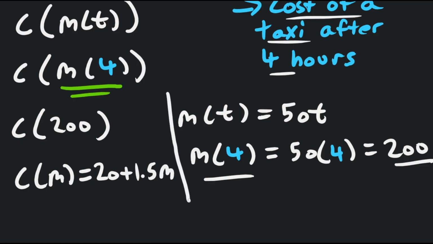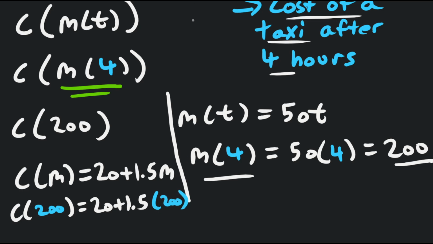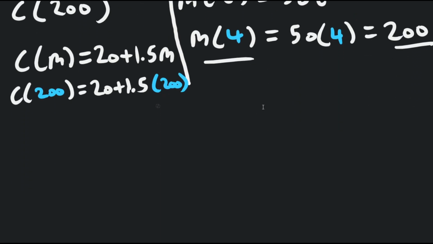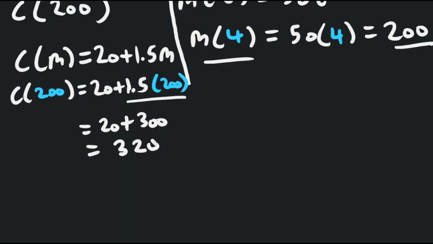Okay, so to find c of 200, that is 20 plus 1.5 times 200. So to evaluate this, what's 1.5 times 200? That is 300. So 300 plus 20 is 320.